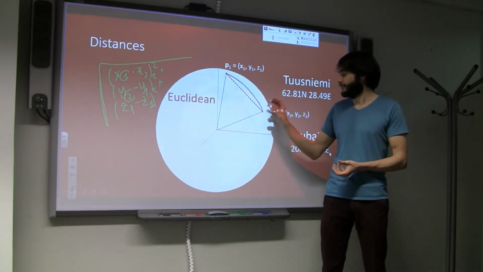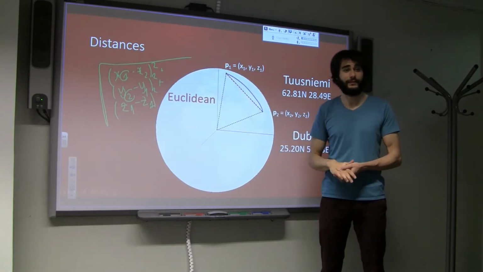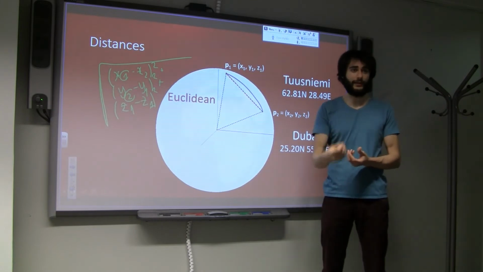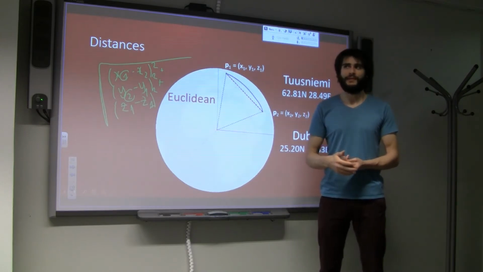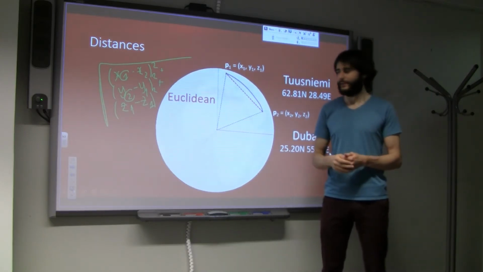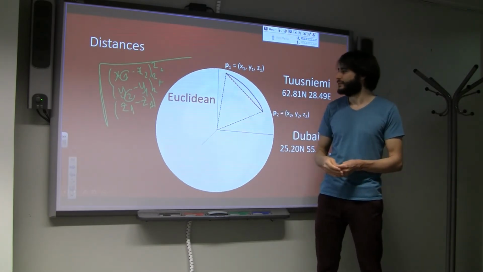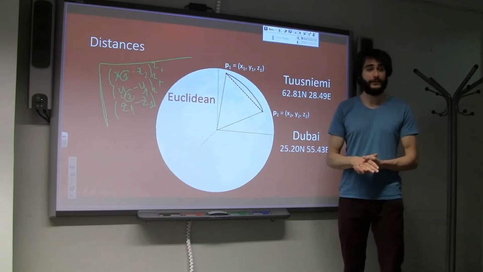Like if you're actually in space, you have satellites orbiting, and you want to calculate how long it takes to send a signal from one to the other, it's going to go in a straight line, assuming space is not bending too much, and there's nothing blocking it. But yeah, both of them have their uses.